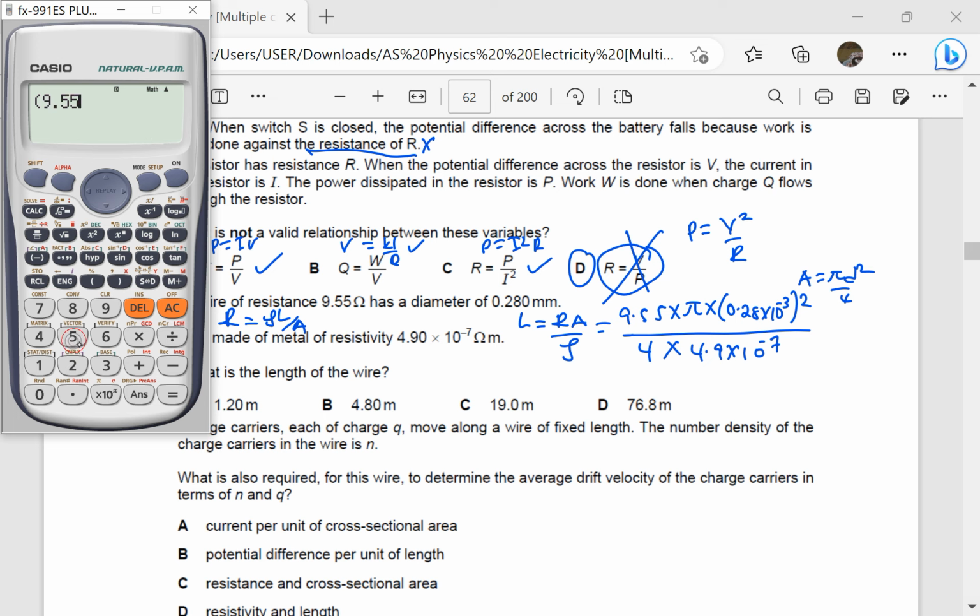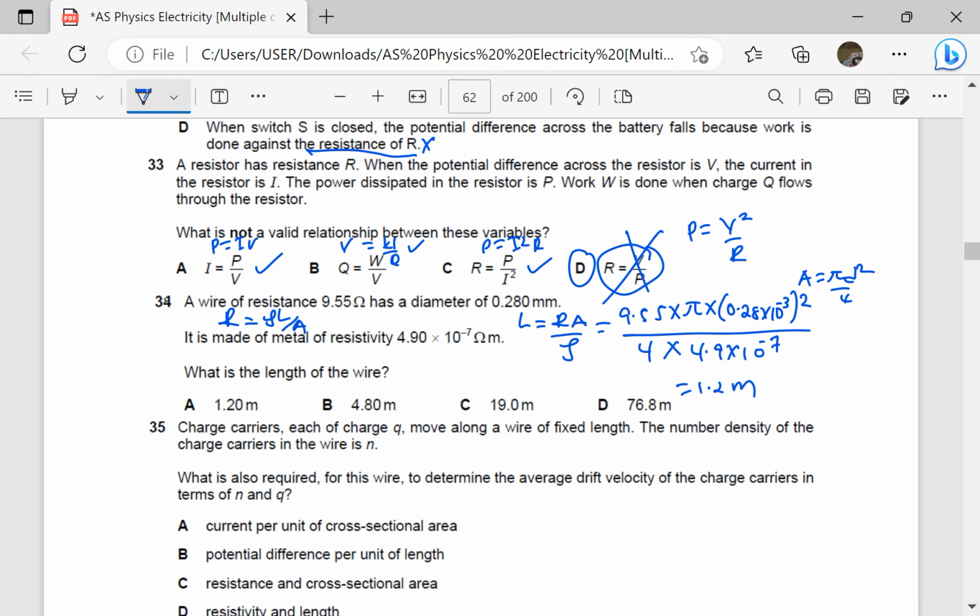So 9.55 times pi times 0.28 exponent negative 3, and this is squared, divided by 4 times 4.9 exponent negative 7. So that is giving us 1.2 meters, making the answer to be A.